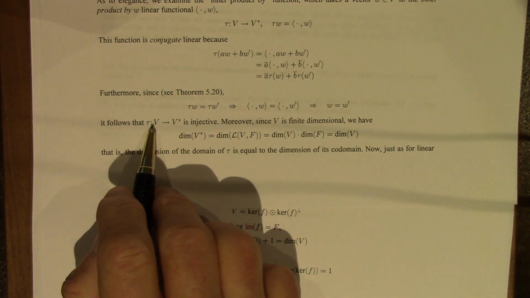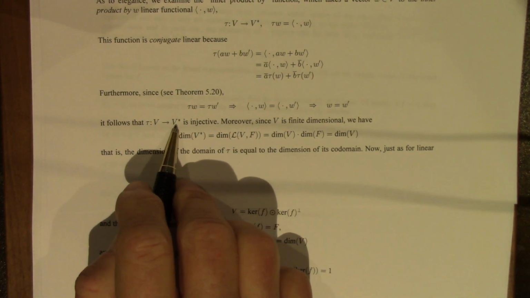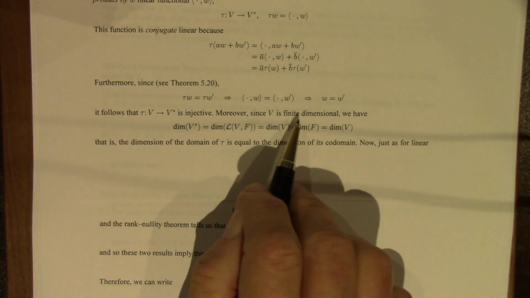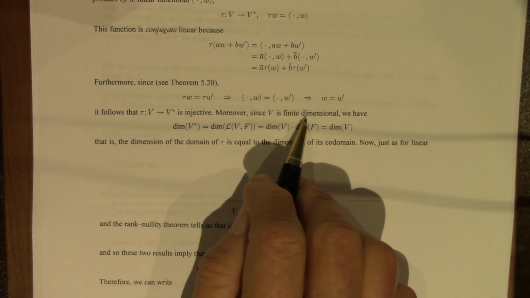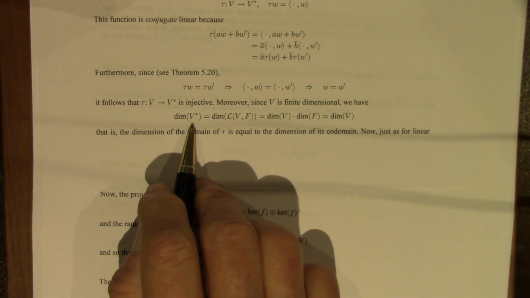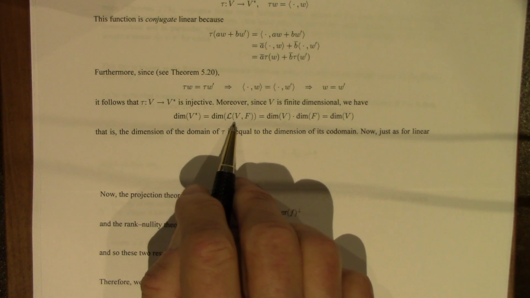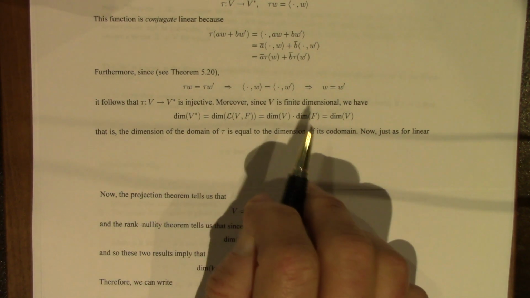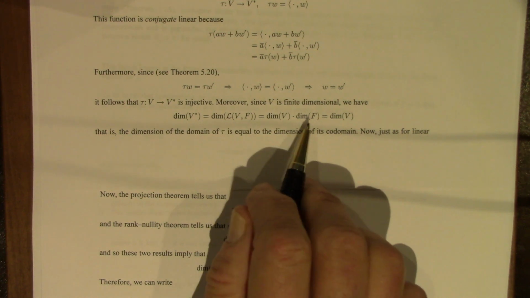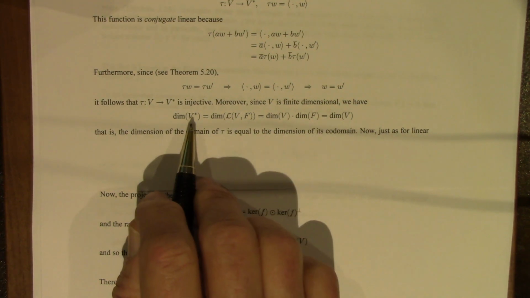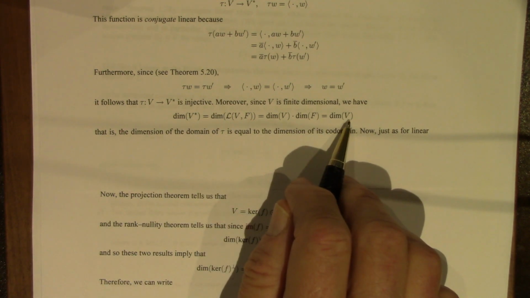So this map is injective. Moreover, if V is finite dimensional, then the dimension of V star, which is the dimension of L of V, F, is the product of the dimensions, but the dimension of F is 1, and so we get the dimension of V. So V star and V have the same dimension.